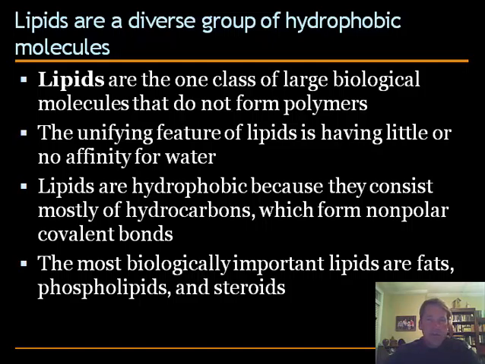Some characteristics of lipids is that they are hydrophobic, they repel water, and they consist mainly of hydrocarbons. Some of the most important ones are fats, phospholipids, and steroids. So some of the fats are important. We have different types of fats.